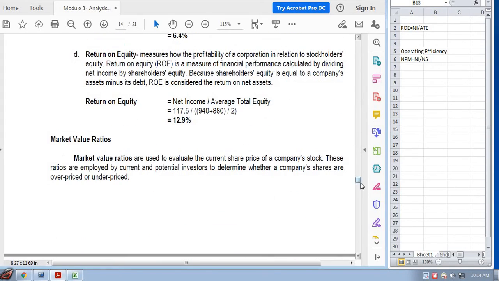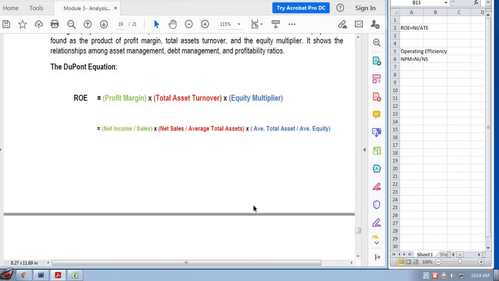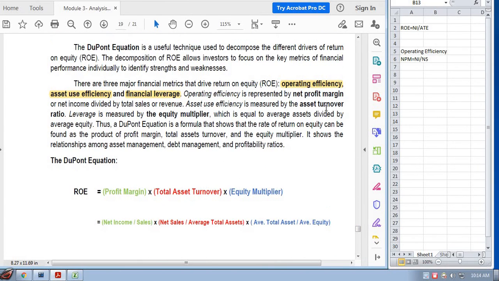the next one is the asset usage. Di ba? Ano yun? The asset use efficiency. In which, sa asset use efficiency, the formula that we are going to use is the total asset turnover.